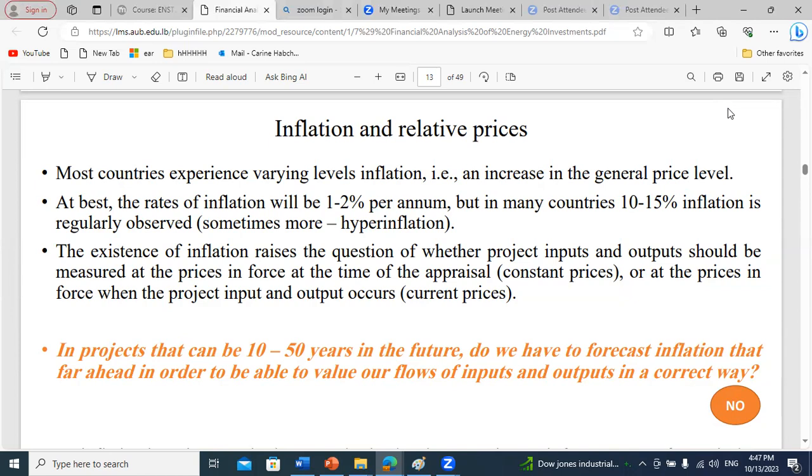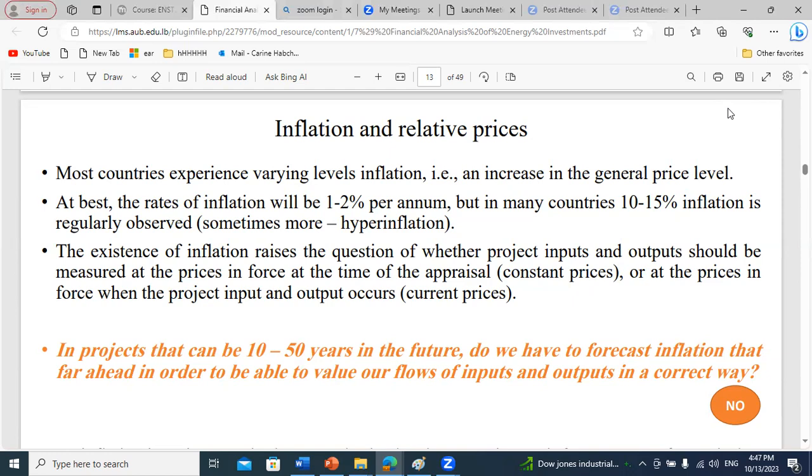The existence of inflation raises the question of whether project inputs and outputs should be measured at the prices in force at the time of the appraisal, or at the prices in force when the project input and output occurs. So here, inflation is a critical issue, and it will affect a lot of prices.